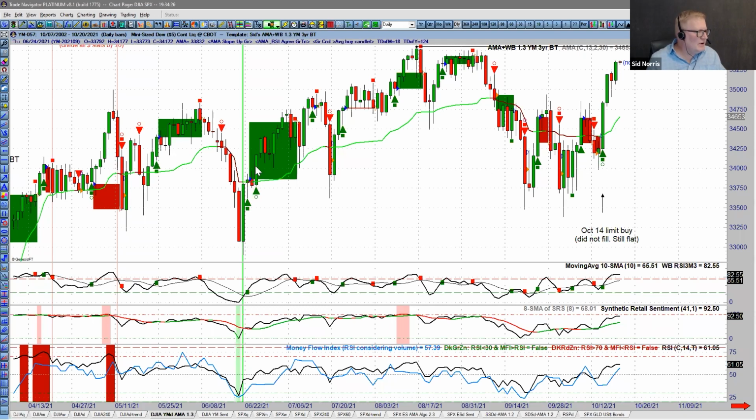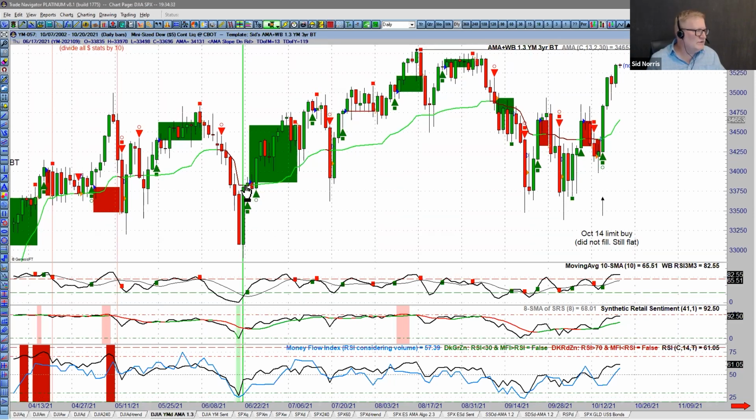But the stop that's being used here, the initial fixed stop, was big enough to accommodate that drawdown. And then things started moving in the proper direction. And what the algo does is it waits to exit. So it only gets in long when it has agreement on the slope of the adaptive moving average and the crossover of this Walter Bressert, which is a triple smoothed RSI, and a moving average.